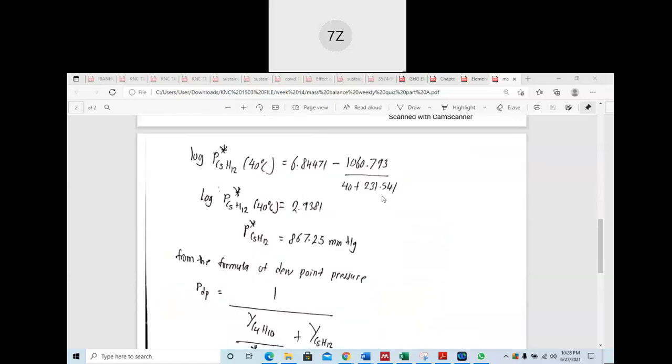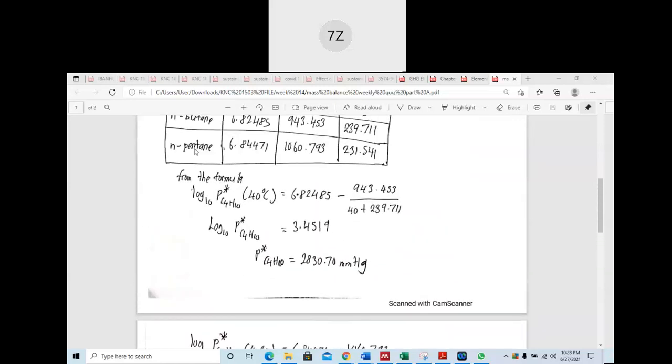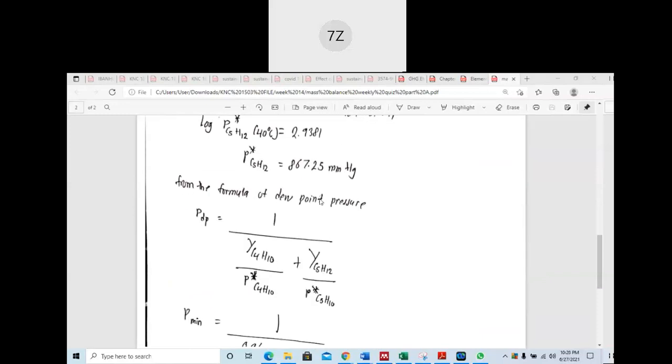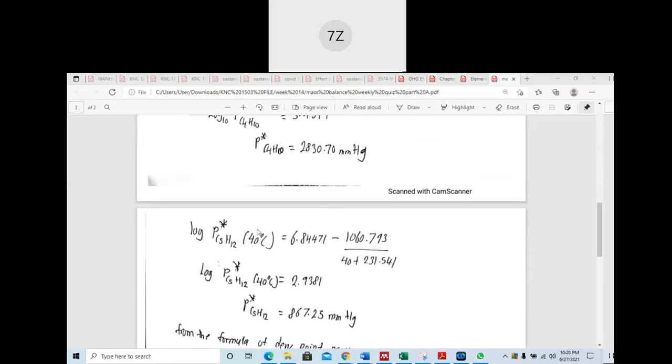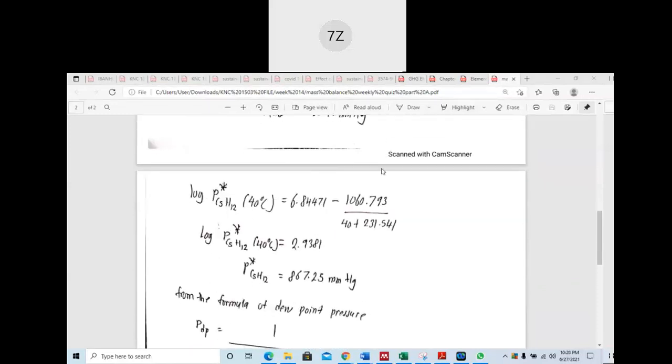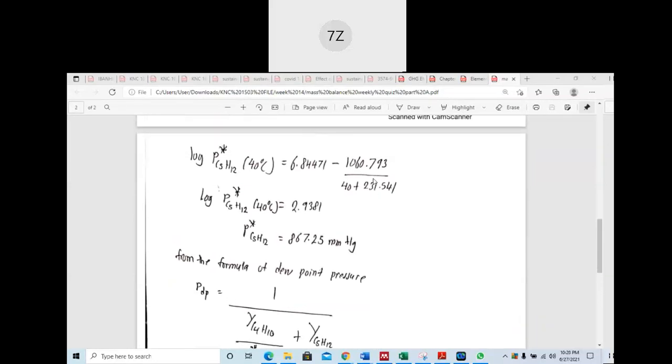Next we find this for the pentane, still using the same formula, and lastly we get the answer for the vapor pressure of C5H12, pentane.